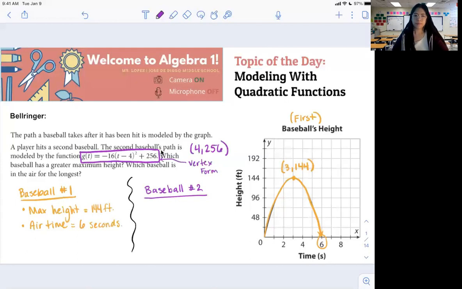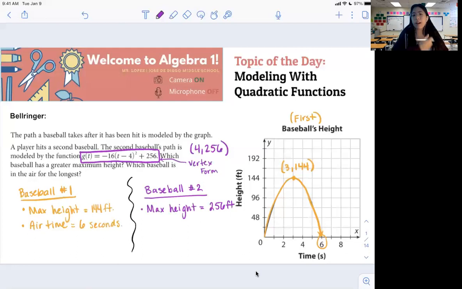It has a maximum higher than baseball one. Yeah, what is the maximum height? 256 feet. So when it asks me which baseball has a greater maximum height, that's going to be baseball number 2 because it goes all the way to 256. Okay, so that's that part.